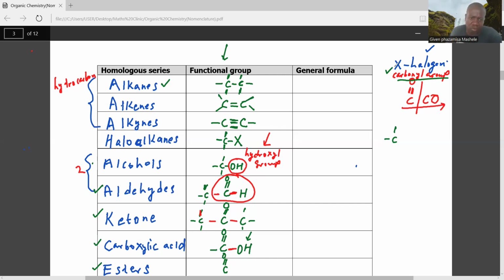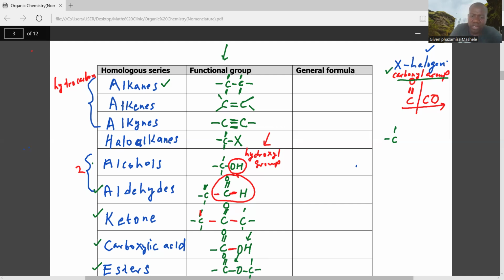It becomes a functional group on a ketone. So on one side of a carboxylic acid, you must see hydroxyl. The other side should be either carbon or hydrogen. Then on an ester, listen to me very well, the oxygen is still there, but there is a carbon attached, no longer hydrogen.